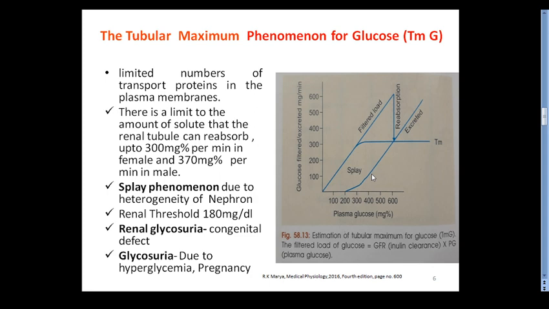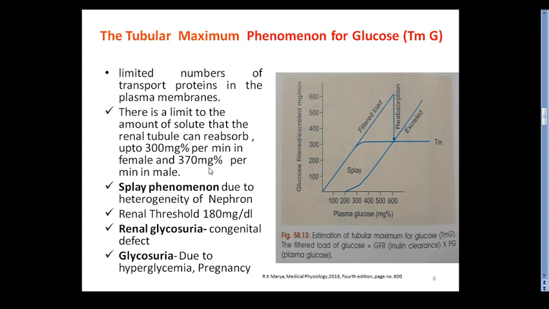That is called the tubular maximum for glucose, and it is 300 milligram % per minute in female and 370 milligram % per minute in male. This is the level of plasma glucose in male and female. Beyond this, there will be no reabsorption of glucose. The amount above that will not be reabsorbed.